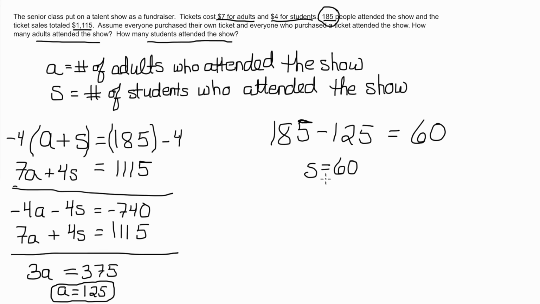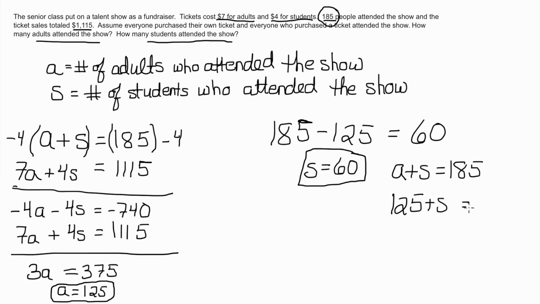There's not another option there. So S equals 60. Okay, if you want to think about it as plugging it back in, we could plug it back into the first equation. A plus S equals 185. And then we know that A was 125, plus S equals 185. Subtract 125 from both sides. S equals 60. So that is another way to do it.